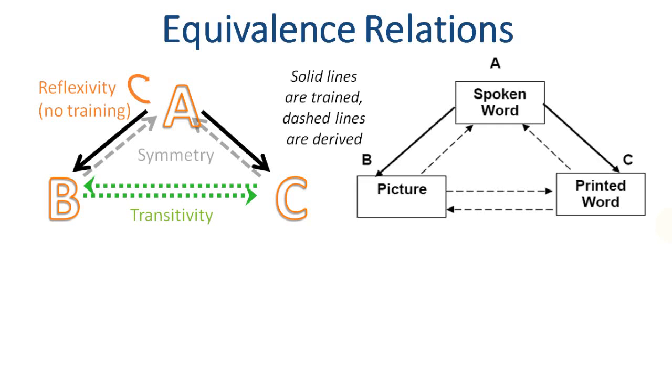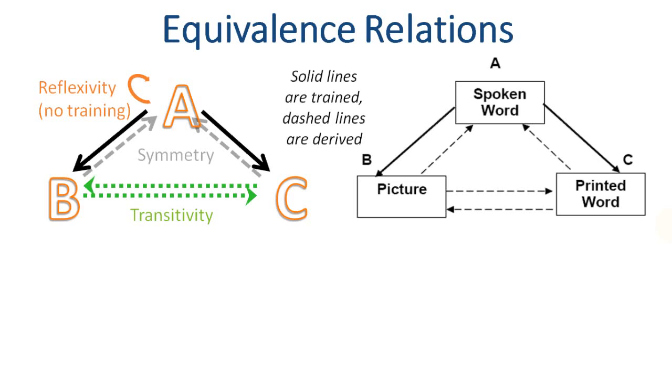And in the same way, he would present the spoken form of a word, and if the child selected the printed form of the corresponding word among other distractors, that behavior would be reinforced, in accordance with symmetry and transitivity type relationships.